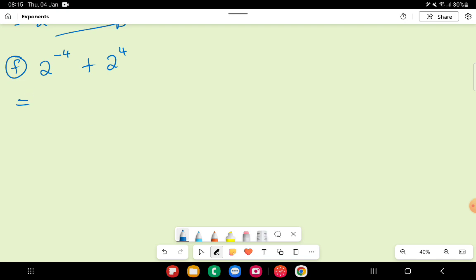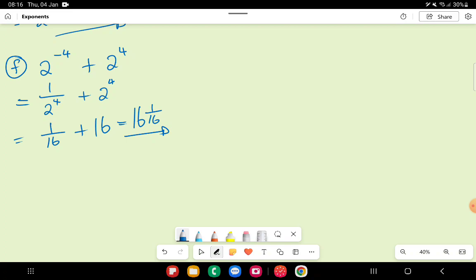So remember, it's addition, not multiplication, so I cannot add exponents. Let's convert this to a positive exponent. Okay, so 1 over 2 to the power 4 plus 2 to the power 4. That means that I've got 1 over 16 plus 16, which gives me 16 and 1 over 16. And that's my answer.